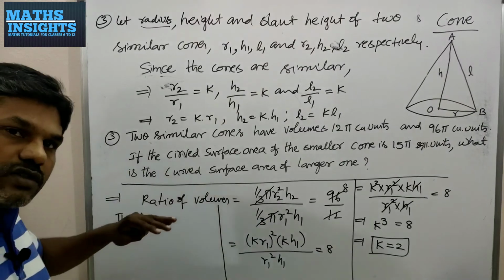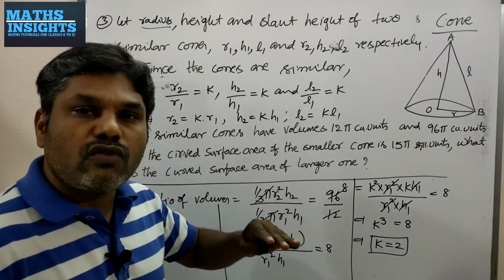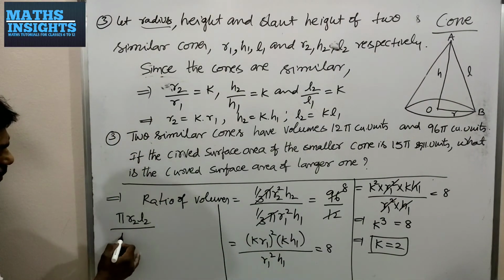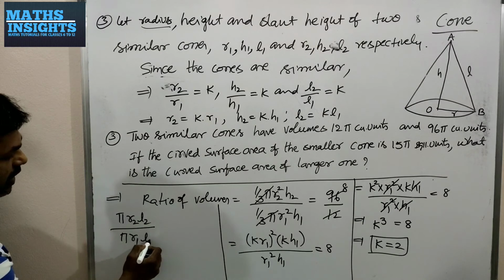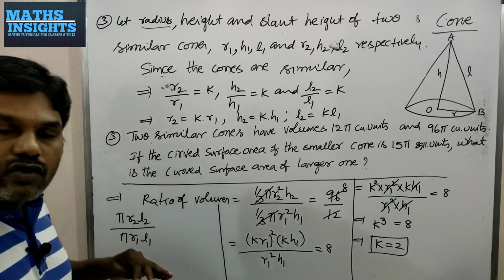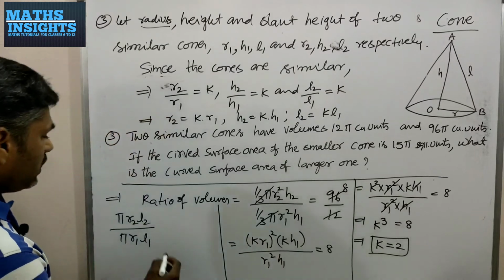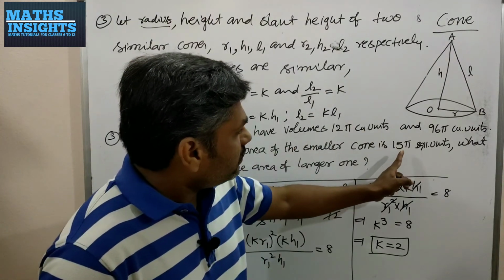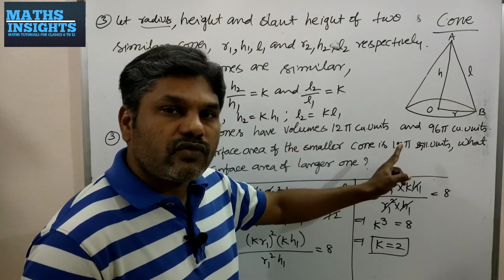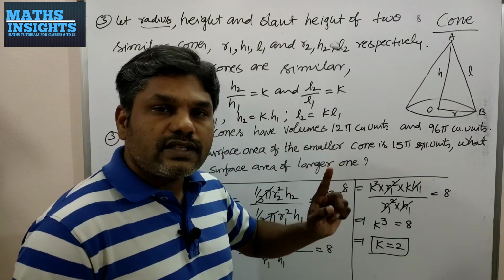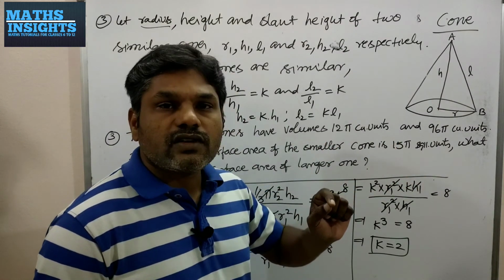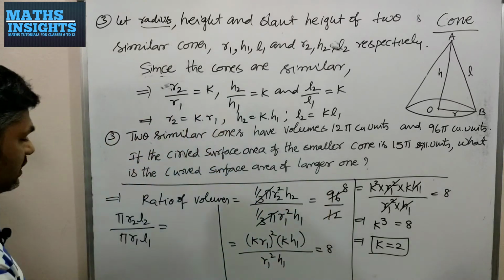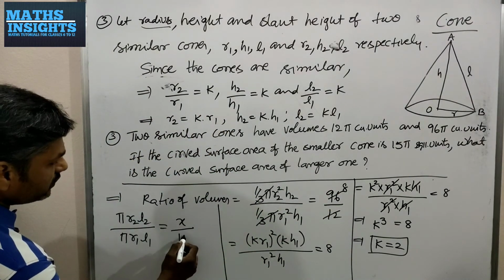I am taking the curved surface area of the bigger cone first, then pi r1 l1, that is the curved surface area of the smaller cone, that is equal to, they have given the curved surface area of the smaller cone as 15, and let the curved surface area of the bigger cone be x. Therefore I am writing x by 15.